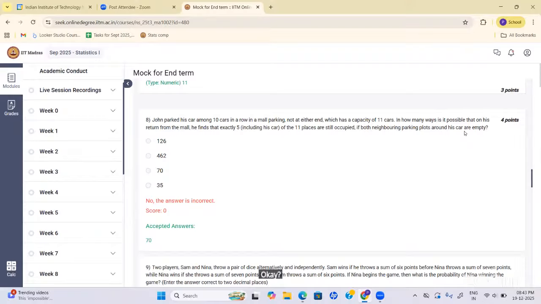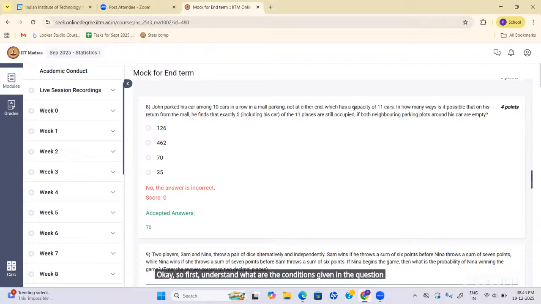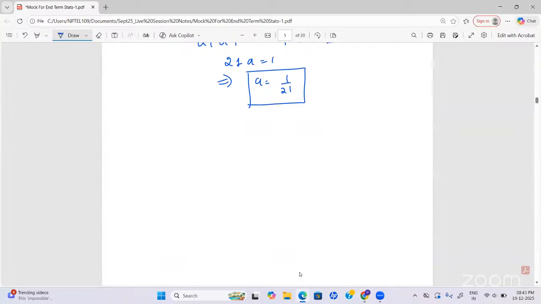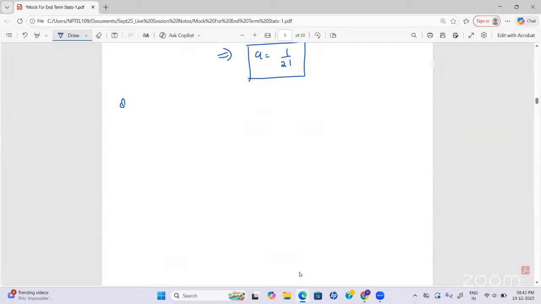So first understand what the conditions given in the question are. The capacity of the parking is 11 cars; it can consist of 11 cars only. And John is not parking the car on either end. Suppose these are the 11 places.